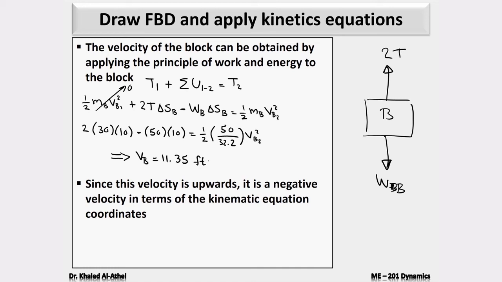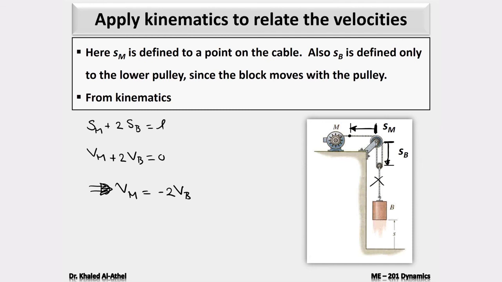Okay, now solving this equation gives you that VB should equal approximately 11.35 feet per second. Okay, so I have the velocity now. Now, since the velocity is upward, it is a negative velocity in terms of the kinematic equation coordinates, meaning, go back to this equation. Where did we define SB? SB was defined downward, and in previous modules I mentioned that when you start with kinematics, this is what defines your positive and negative.